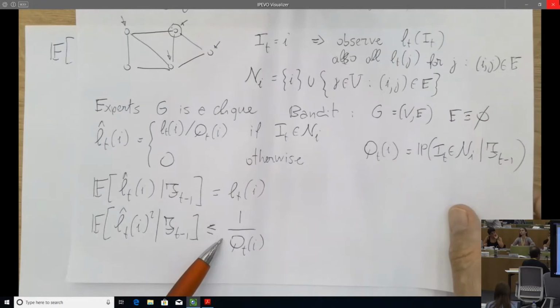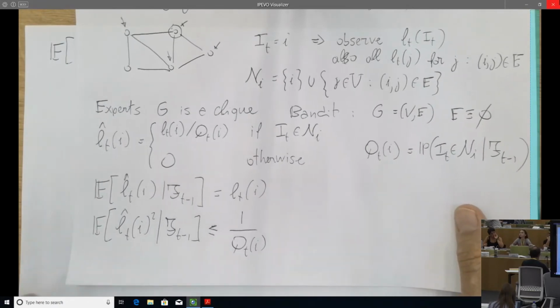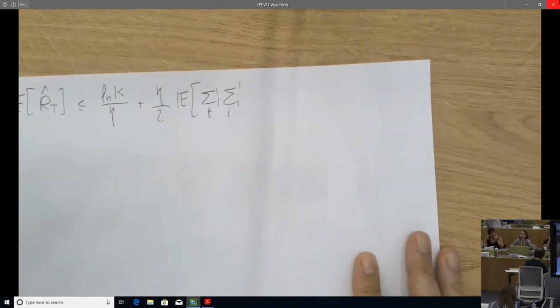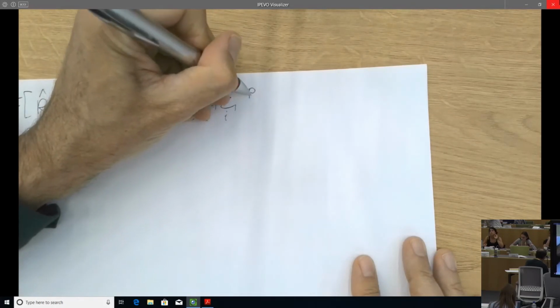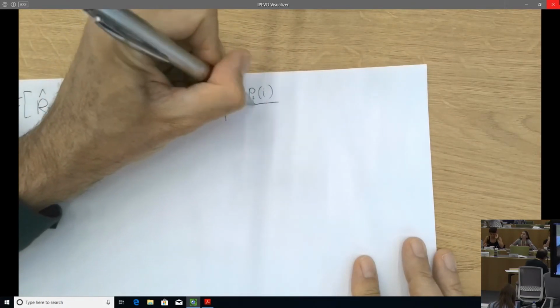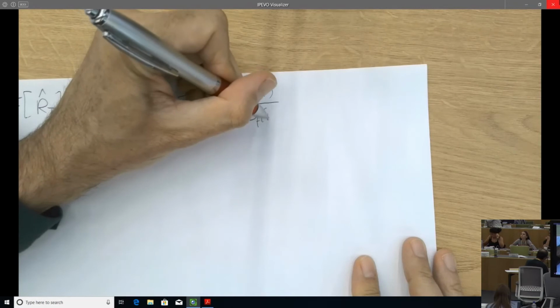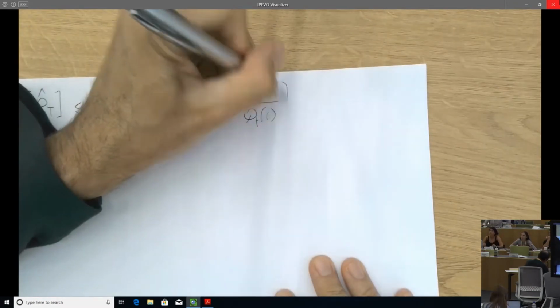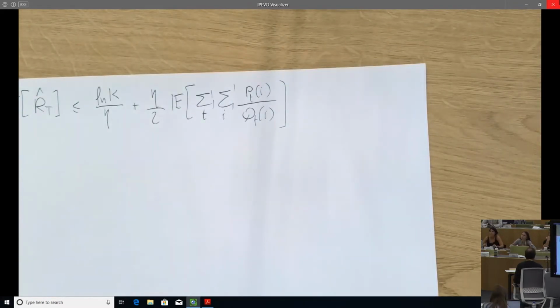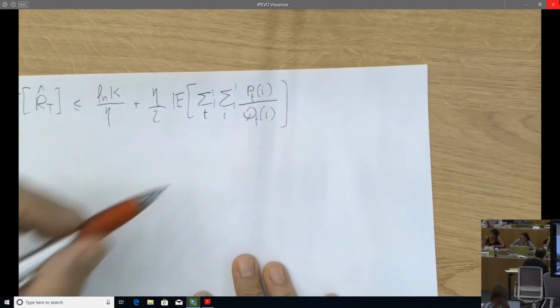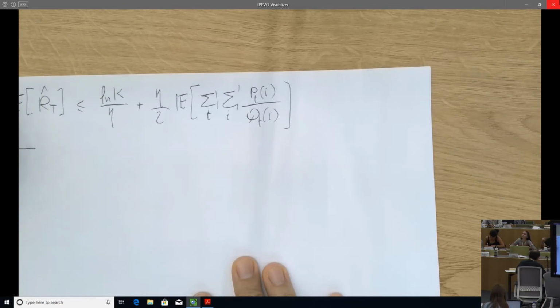Now I get the PTI divided by the QTI. So now I am wondering, what are these things? Let me write it out. I want to know what this thing is, and if I write it out, it is this.